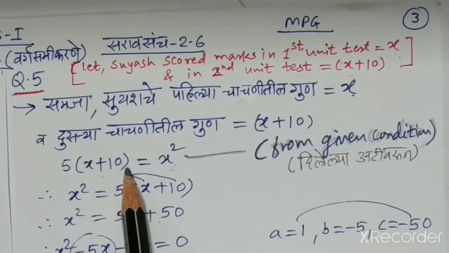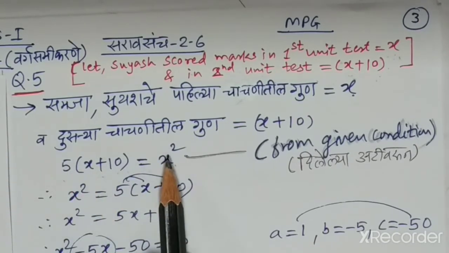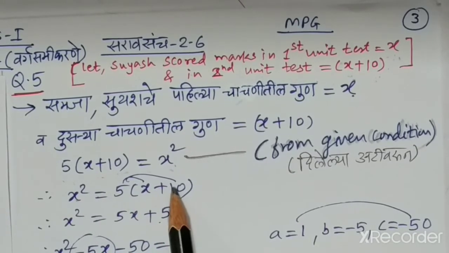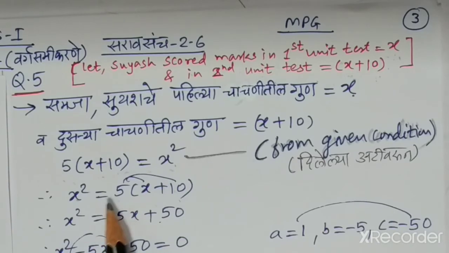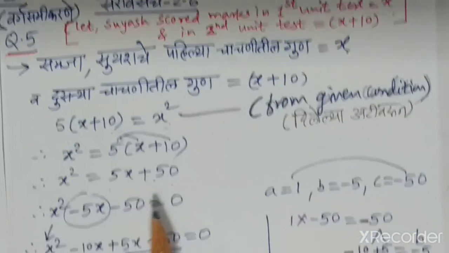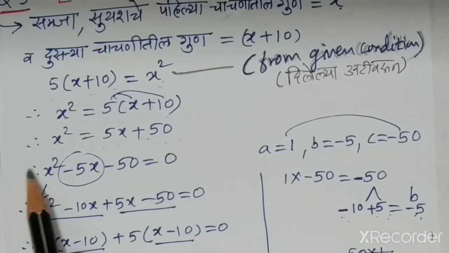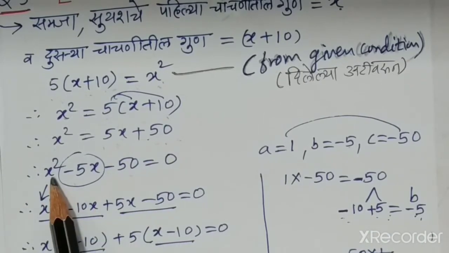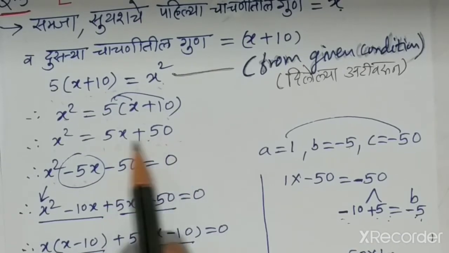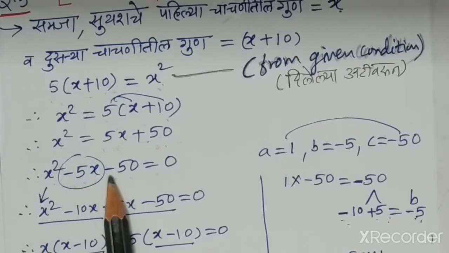Now we have to solve this equation. So x square is equal to 5 into x plus 10. Multiply each term by 5, so x square is equal to 5x plus 50. Now take these two terms to the left hand side, it becomes minus.